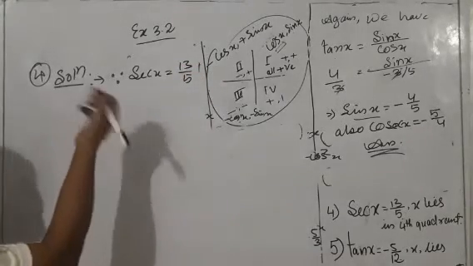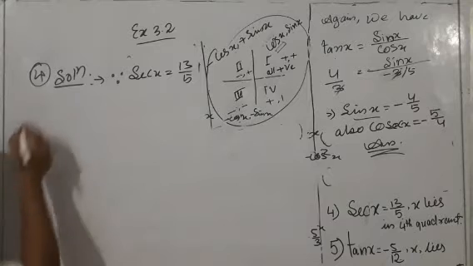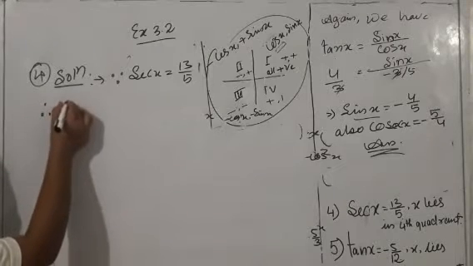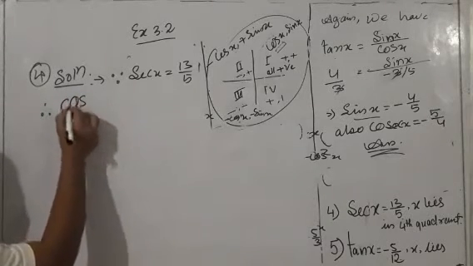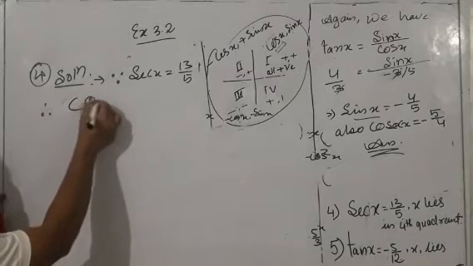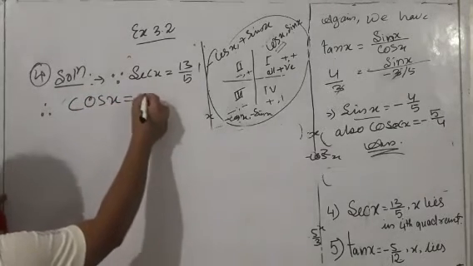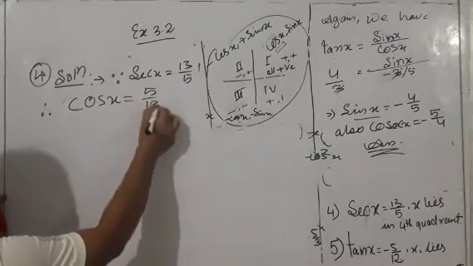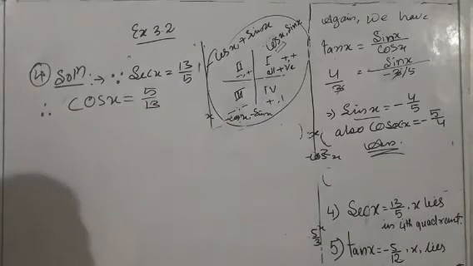Therefore, if we know sec x, then we know cos x. Correct? Therefore, cos x equals to how much? It will be 5 by 13. Okay, 5 upon 13.